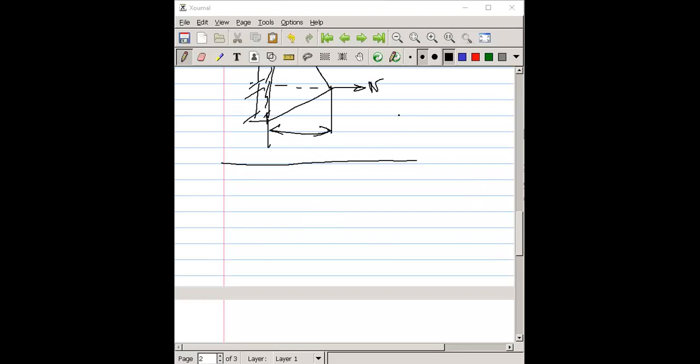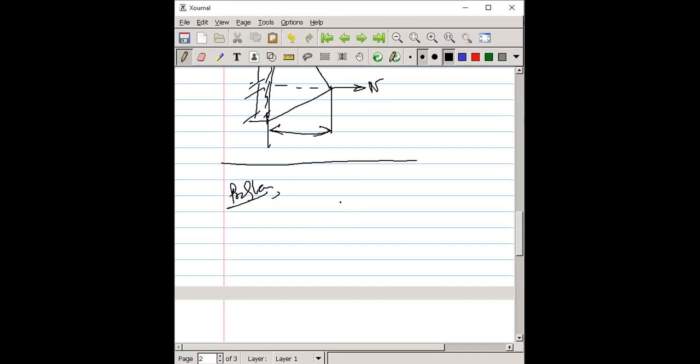Friction, always remember, you have to properly give the direction and try to understand properly in which direction the force is applied. Okay, let's solve one problem.